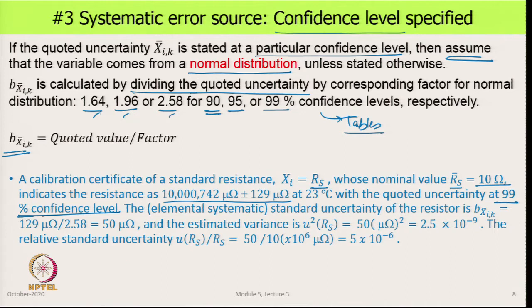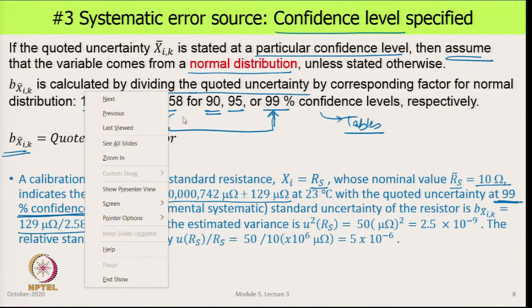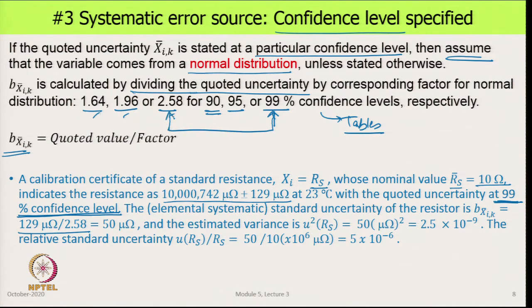So, here the confidence level has been explicitly stated. That means the elemental standard uncertainty of the resistor Bxik is 129 divided by 2.58. 2.58 came from here: at 99% confidence level, we have 2.58 as the factor. So, we divided by 2.58 and our answer is 50 micro ohms.